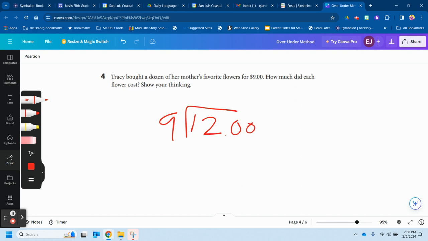That's going to go 1 with $3 left over. That's going to go 3, $1.30. Well, if each flower costs over $1, and there's 12 flowers, it's going to be more. So I'm doing something wrong. My answer, $1.30 something, doesn't make sense. So I need to do it the other way around.